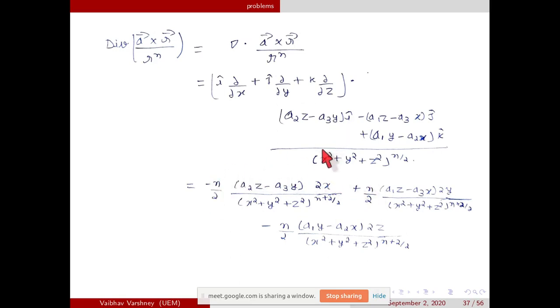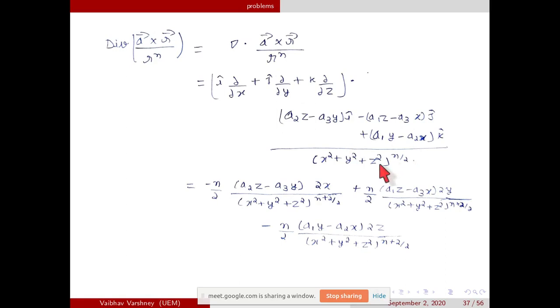You didn't understand the calculation. Minus n by 2, how is it coming? How do you do the derivative of x ki power n? If I ask you the derivative of x ki power n, what is the answer? N x to the power n minus 1. Yeah, n x ki power n minus 1, है ना? Okay.